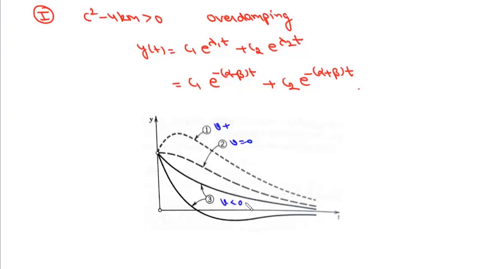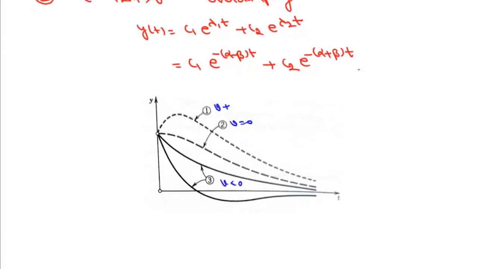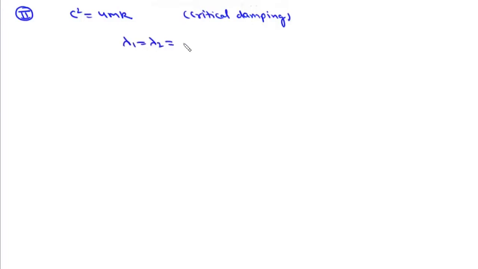Now we'll take on this second case of critical damping. Now in this second case, when c square equals 4mk, where we have the condition of critical damping, both lambda 1 and lambda 2 are equal to minus alpha and the value of beta is 0.